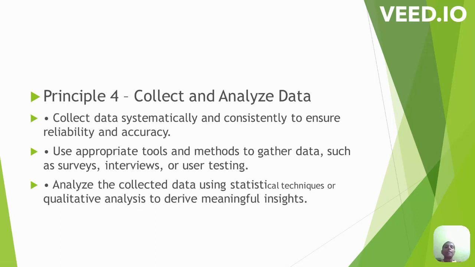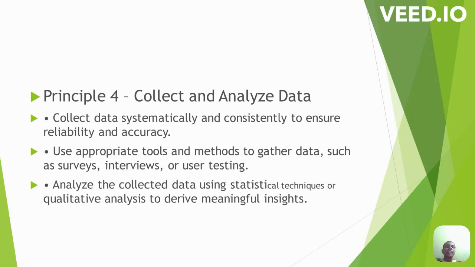Next, we will move to principle 4. Collect and analyze the data. First, we will collect the data and analyze the data. How to collect the data? Let us discuss. Collect the data systematically and consistently to ensure reliability and accuracy. Use appropriate tools and methods to gather the data.